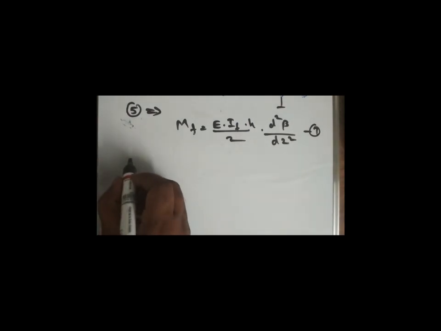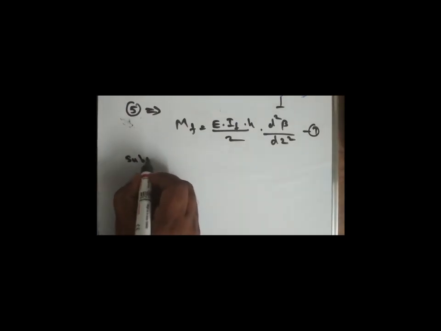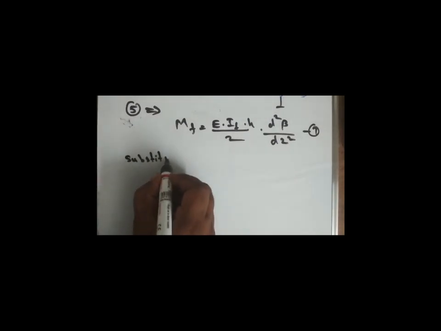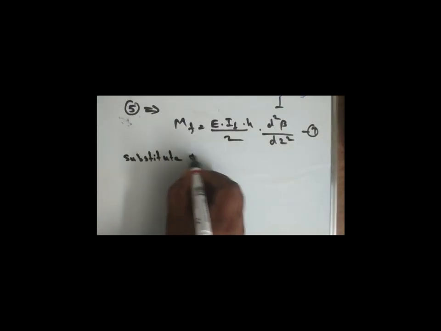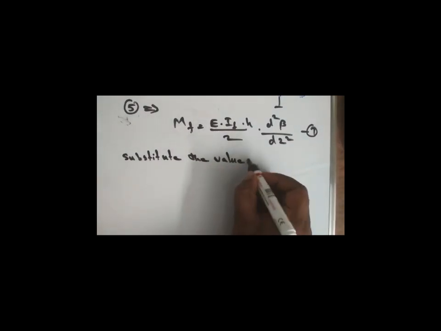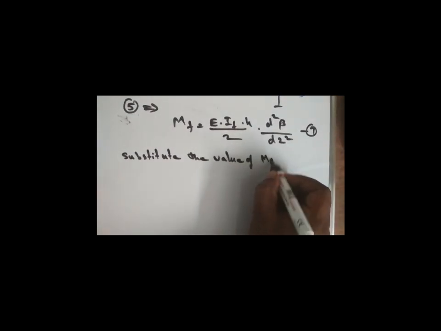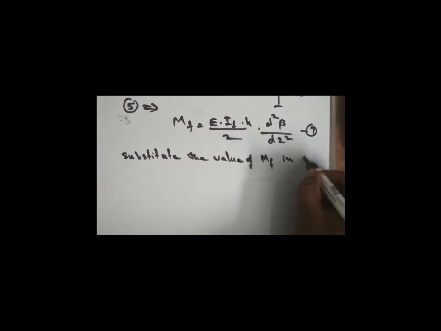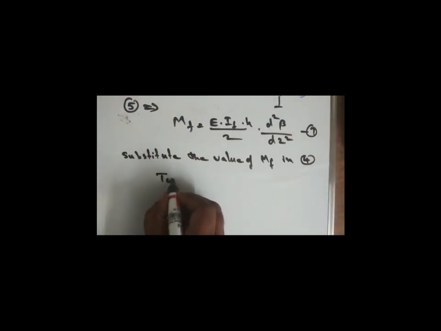Now substitute the value of MF in the 4th equation, the warping torsion TW equation. Fourth equation: TW, the warping torsion, is minus dMF divided by dz into h.